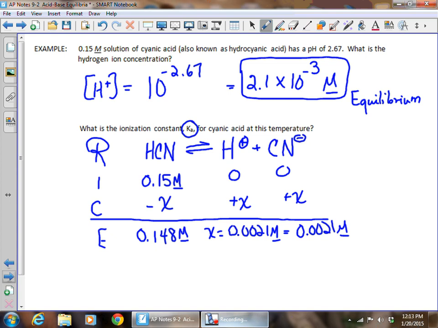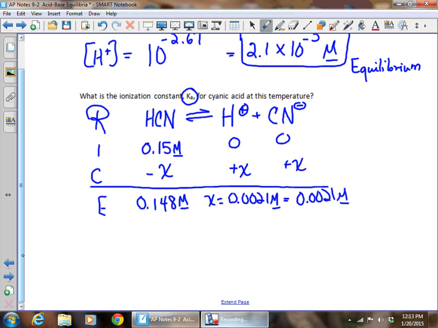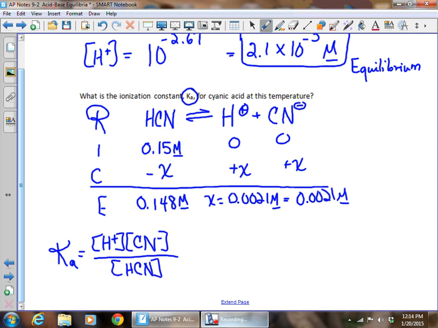Important for us to know all three of these values because this time it does not give us the Ka, it asks us to find Ka. And Ka is going to be the concentration of H plus times the concentration of CN minus divided by the concentration of HCN.